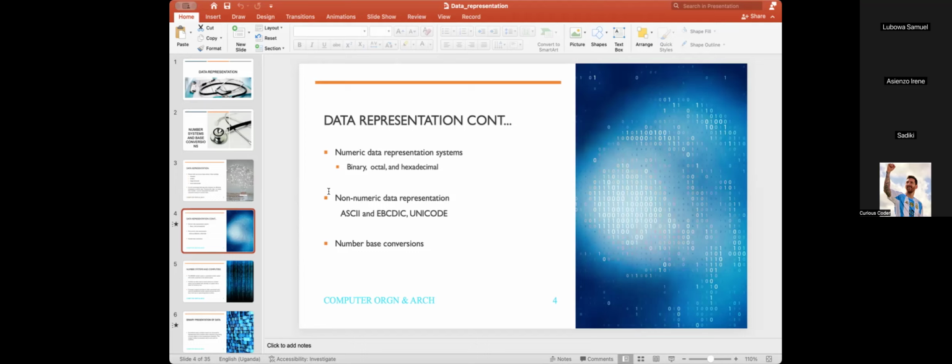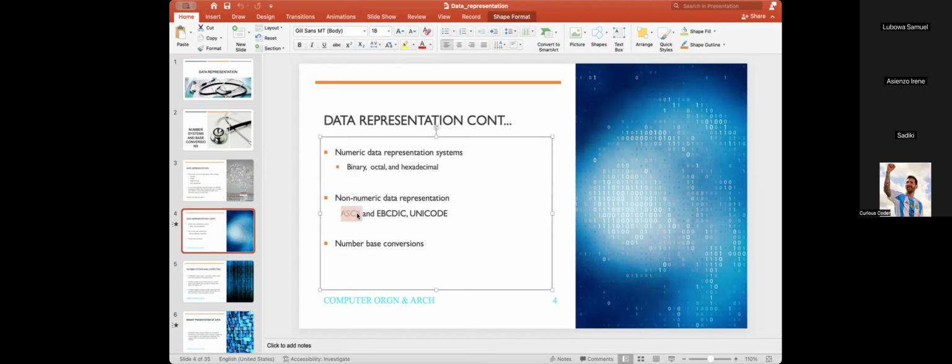The various data formats have been formulated by different organizations and entities. One of the formats in which data can be represented is the American Standard Code for Information Interchange, which is ASCII.